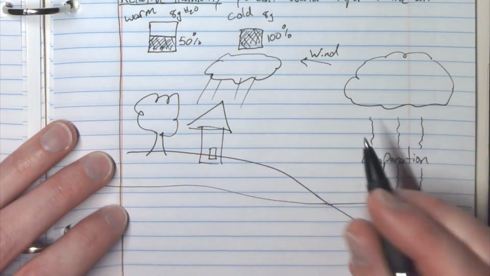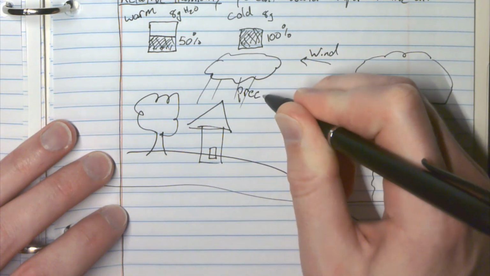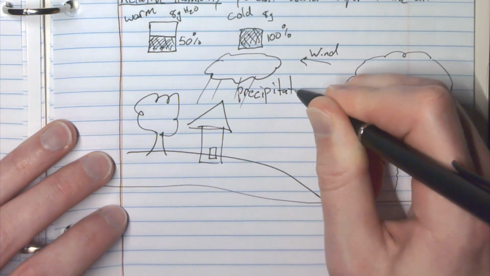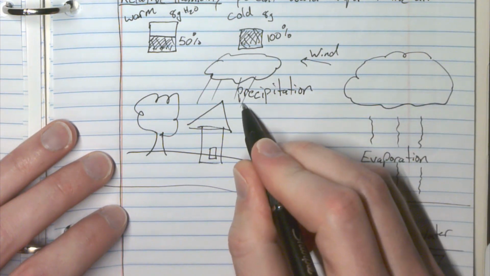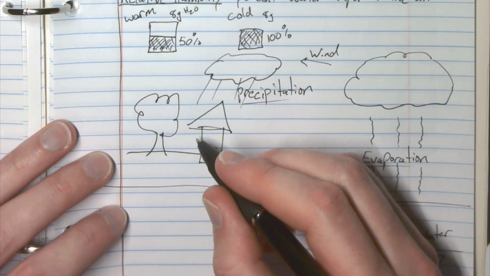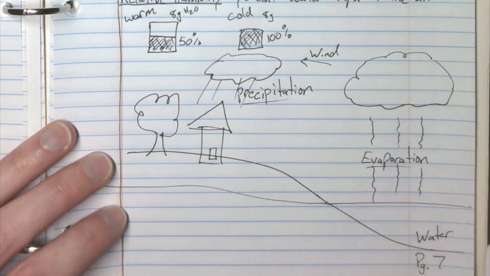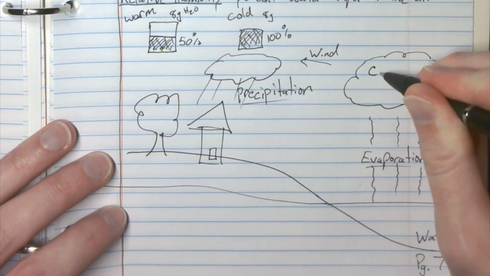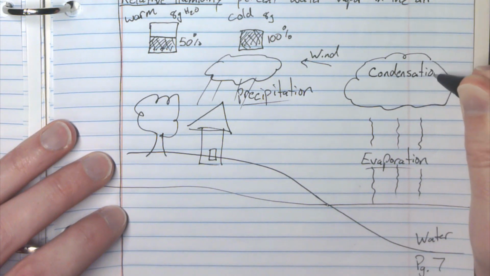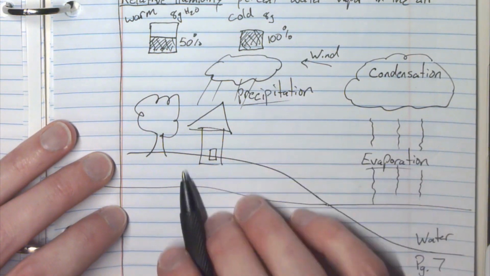So that's going to get blown over here, and then it's starting to rain. So that's called precipitation. So we have precipitation, evaporation, condensation. Oh, forgot condensation. This is the cloud. So it condenses into a cloud, moves over here, condenses so much that it precipitates.